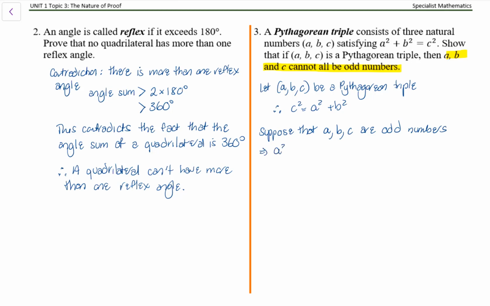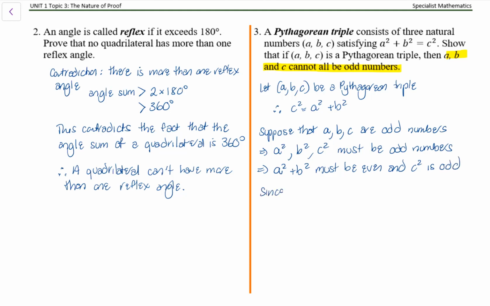So a squared, b squared, c squared must be odd numbers. A squared plus b squared must be even. And c squared is odd.